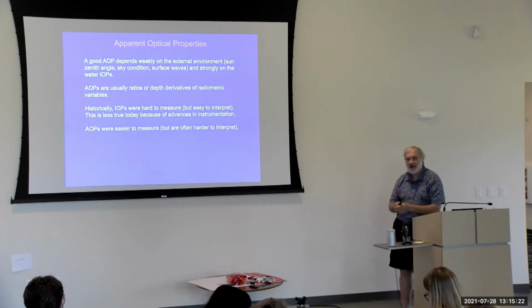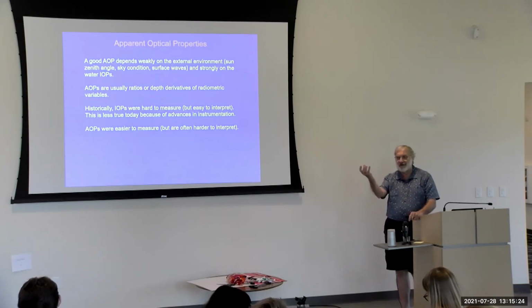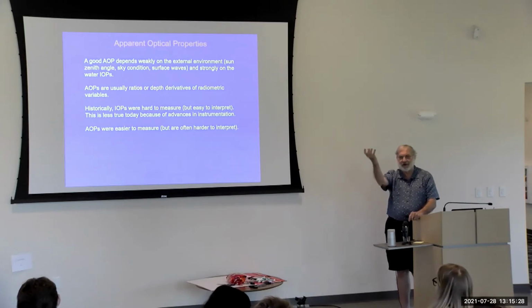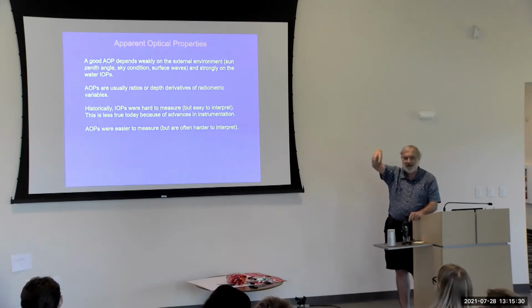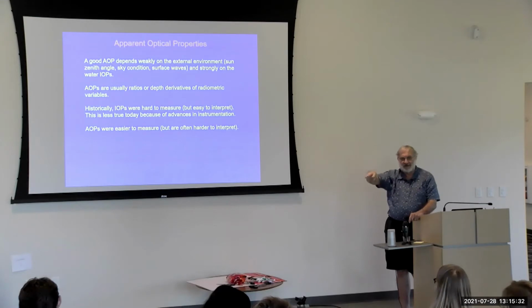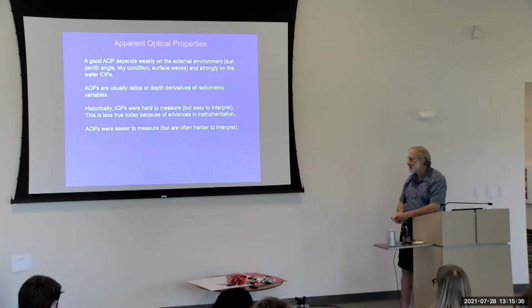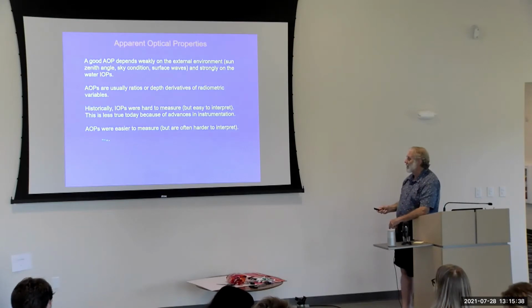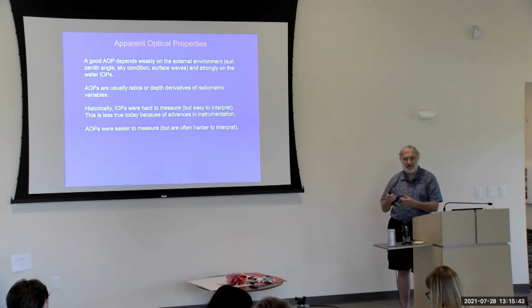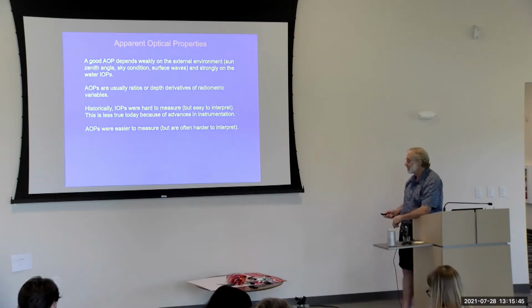So you could go out, take an ED sensor, or a plane irradiance sensor, point it upward, get ED, turn it upside down, get EU, take the ratio, get the reflectance. Okay, that's fine. The problem is it was easier to measure that reflectance, but it was then harder to make sense out of what it was really telling me.